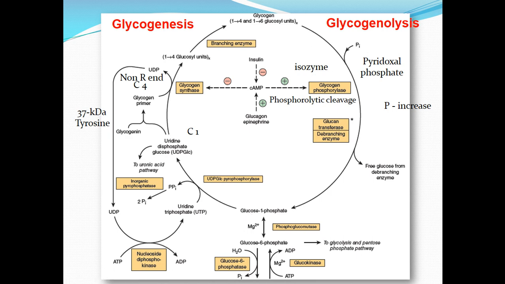I am again repeating, glucose 1-phosphate and uridine triphosphate react, and the enzyme catalyzing the reaction is UDP glucose pyrophosphorylase, and the products are inorganic pyrophosphate and UDP glucose.